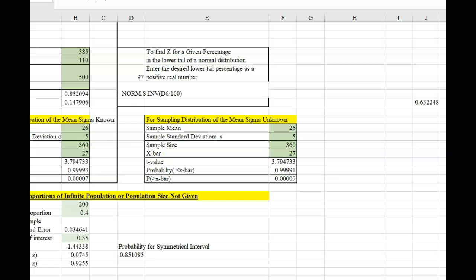This portion of the normal probability distribution tab calculates the normal standard inverse for a given percentage. In this case, we want 97% because that's the percentage to the left of the value that we're interested in finding. And note that we're dividing that percentage by 100 in order to convert it to a decimal representing a probability.